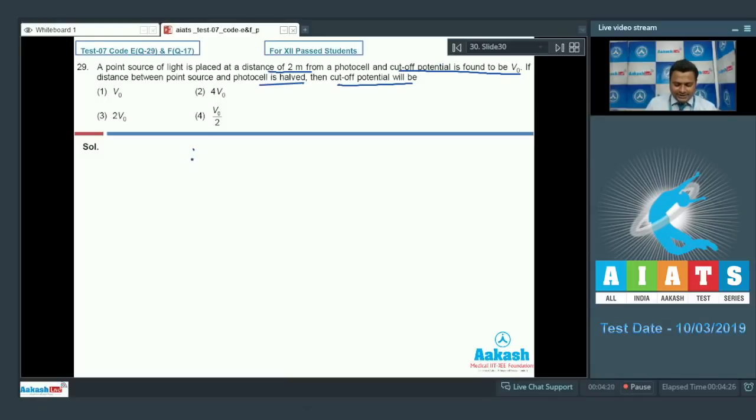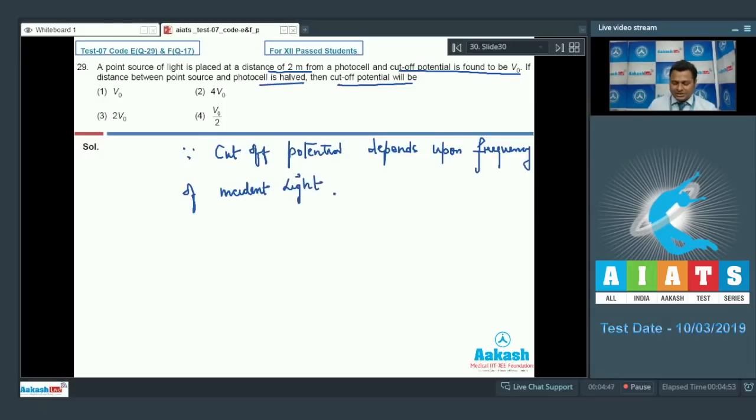So let's write, since cutoff potential depends on frequency of incident light, which means frequency is independent of distance between source and photocell.